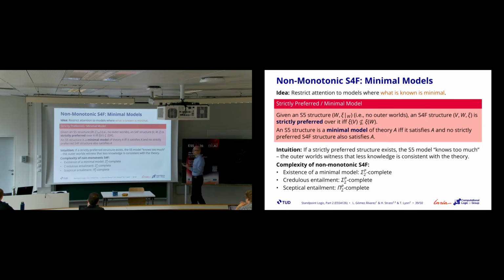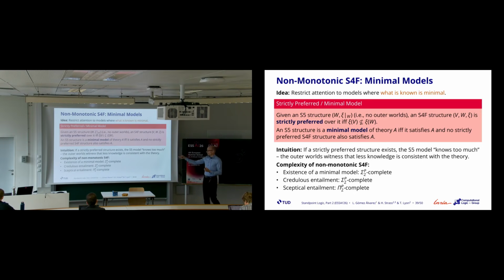But of course, if we have a structure that does not contain every valuation, we always find a strictly preferred one. Of course, we should also consider whether this preferred structure is also a model of our knowledge base. And so for this, we have this notion of a minimal model. So a minimal model is always an S5 structure, so no outer worlds at this point.